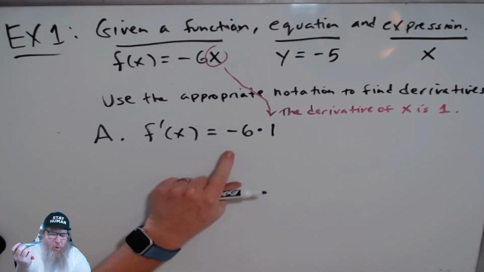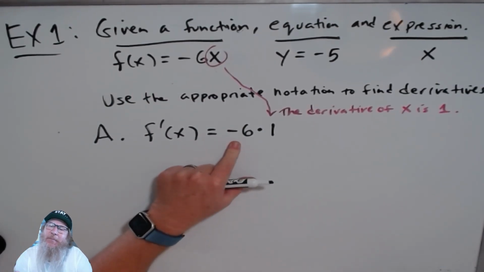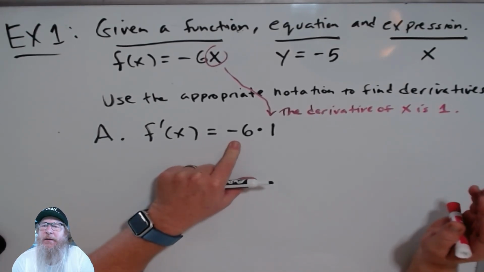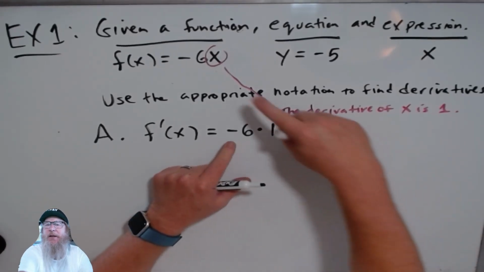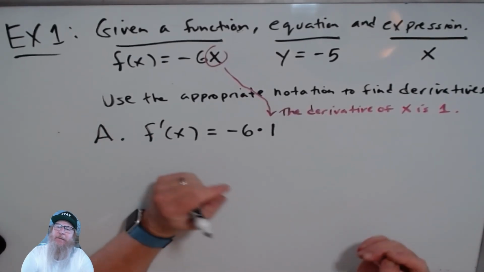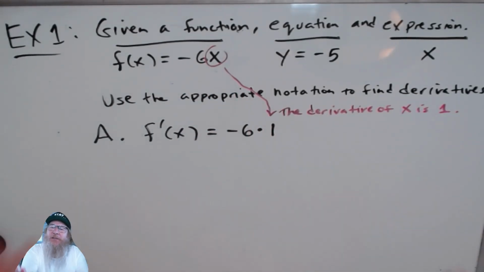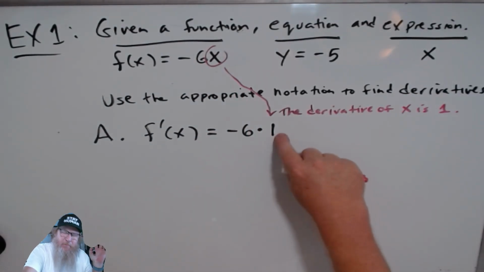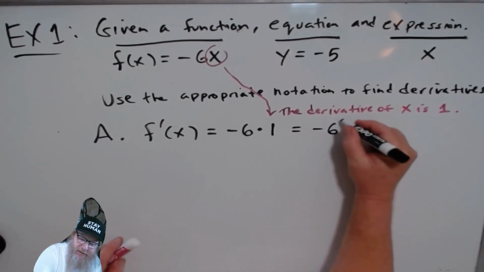So then we ignore the constant, negative 6. Now, ignore is a strong word. You ignore it, but you have to keep it in the final answer. In other words, you don't do anything to it. You just transport it over to the final answer, and then multiply it by the derivative. And so your final answer is negative 6.